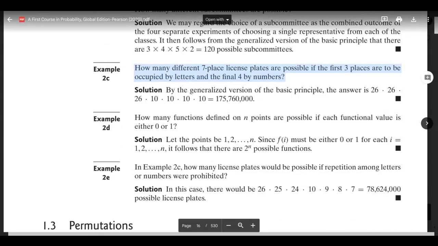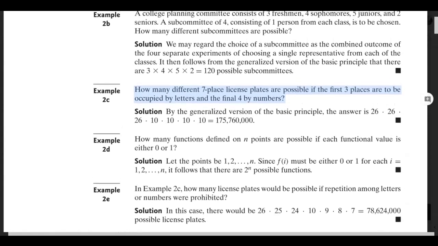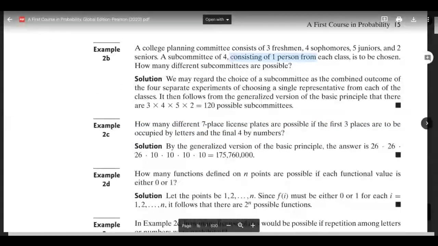If it says multiple people of each class, would you multiply the answer by that number? What do you mean multiple people? You said that it was 1 person per class, and that's why you were getting that answer. So if they were asking, let's say 2 people per class, would you times that answer by 2 then? No, that would be a totally different question. But for us now, not to worry about that. What's important is this.